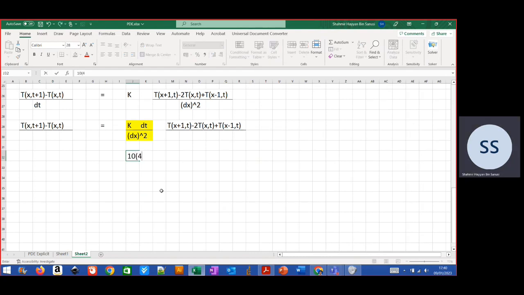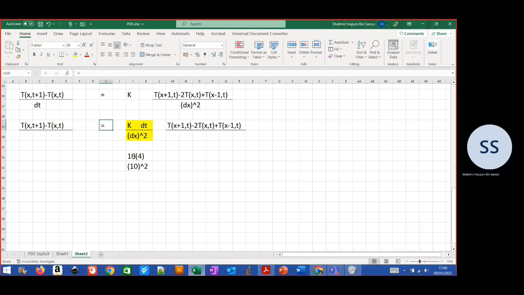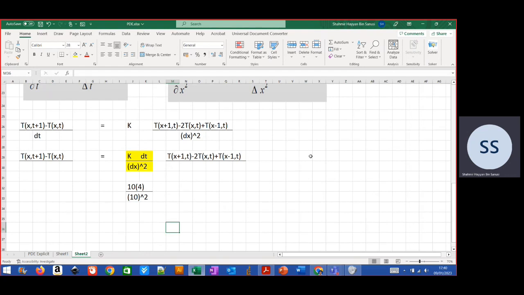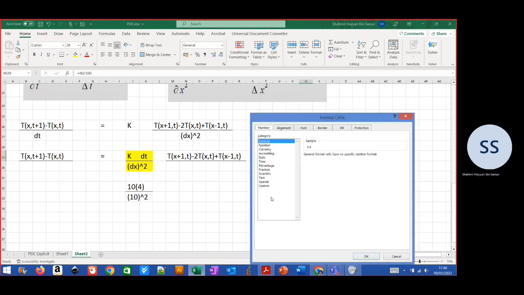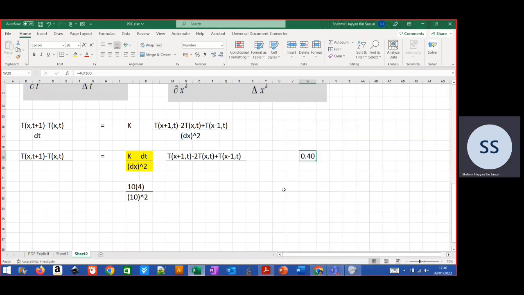Delta T is given as 4 seconds, and delta X squared is 10 to the power of 2. So this is equal to, wait, let me calculate, 10 times 40 over 100, you get 0.4.